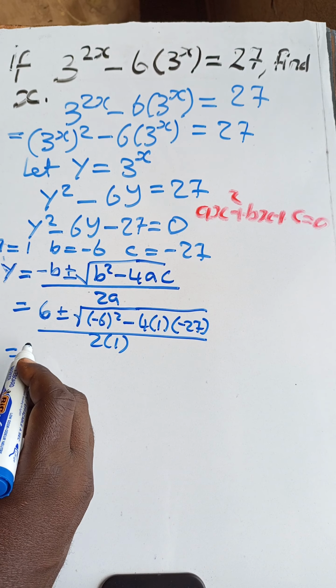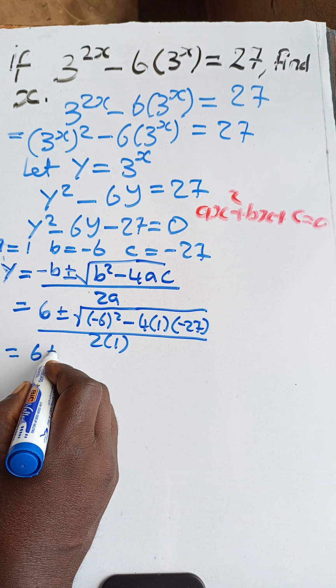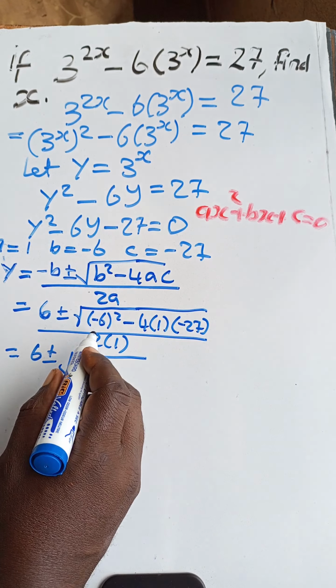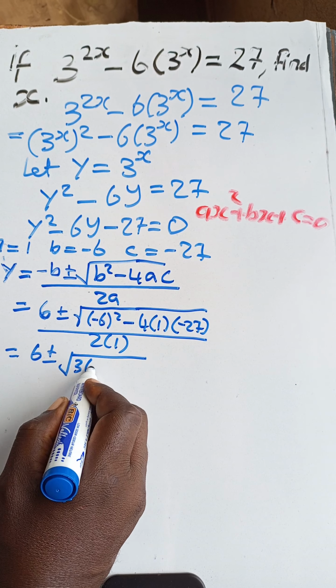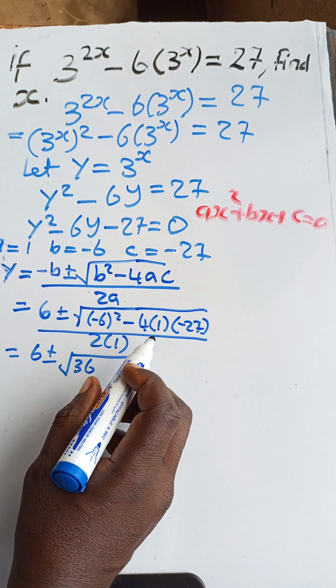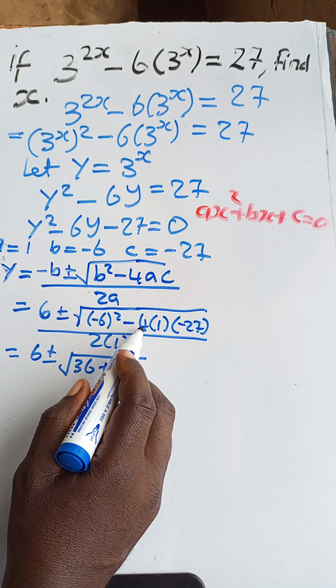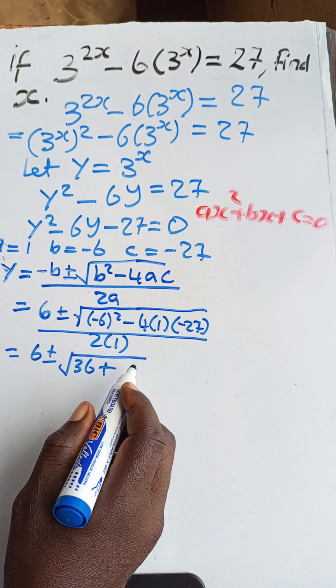Okay, so we have 6 plus or minus the square root of negative 6 squared, which is 36. This negative and this negative give us plus. So we're going to do 4 multiplied by 27.